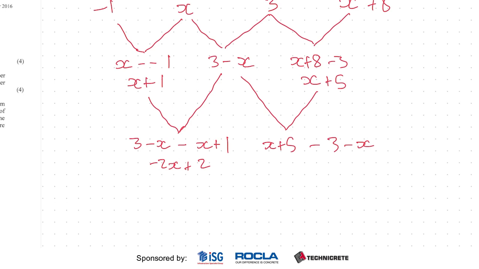So we have x plus x, which is 2x, and then we have 5 minus 3, which is plus 2. Okay. And then we know that these two are supposed to be equal, so we can set up an equation. We can say negative 2x plus 2 equals 2x plus 2.